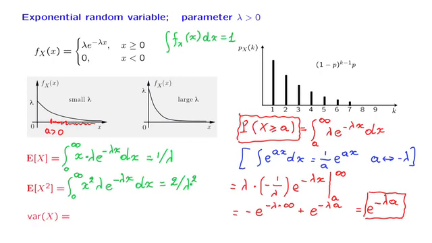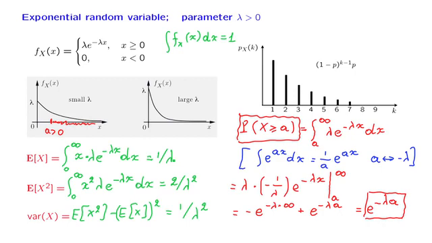Finally, to calculate the variance, we use the handy formula that we have. The expected value of x squared is this term. The expected value of x is this term. When we square it, it becomes similar to this term, but we have here a 2, there we have a 1, and so we're left with just 1 over lambda squared. And this is the variance of the exponential random variable.